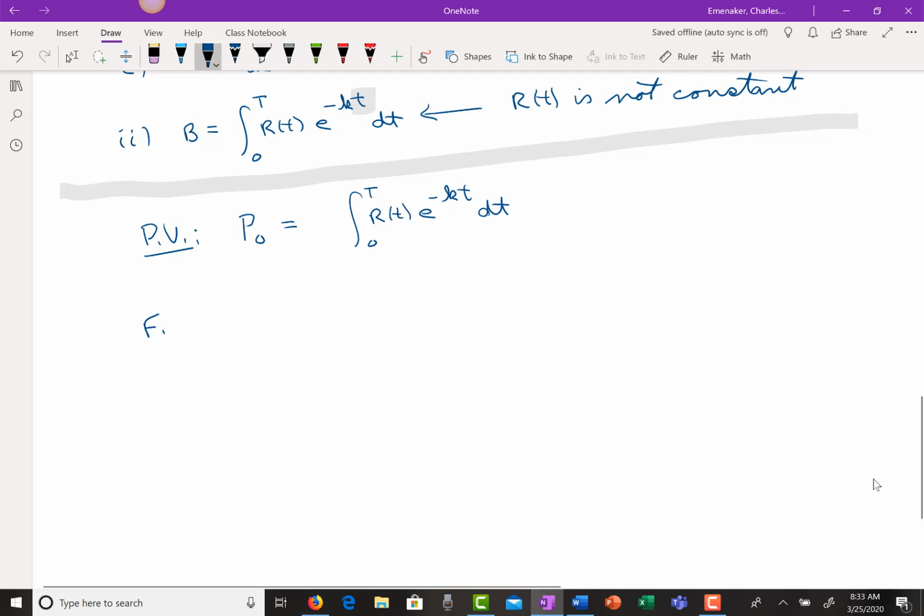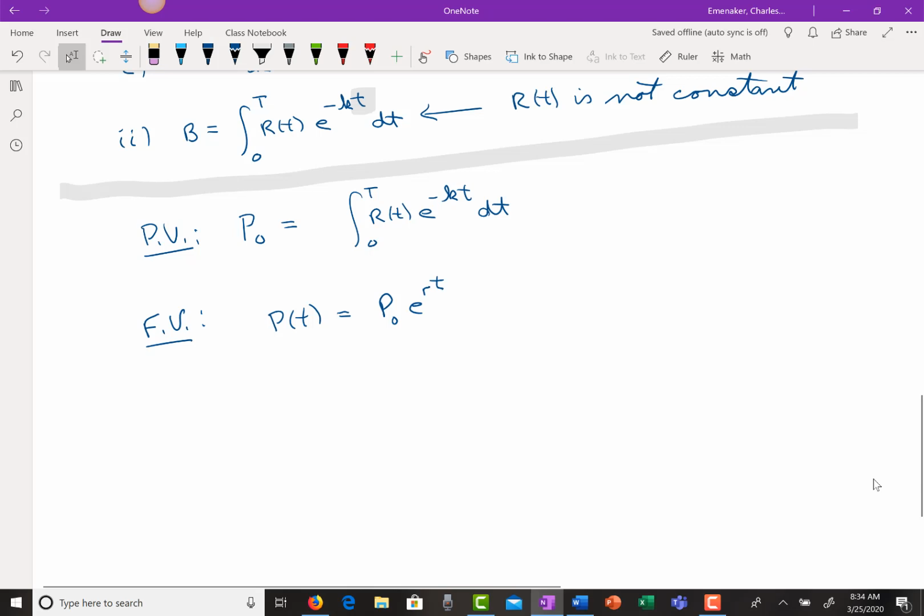The future value, the amount of money at some point down the road, is equal to P sub 0 e to the rT.